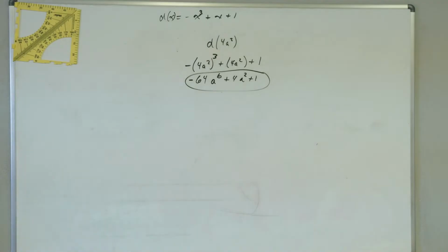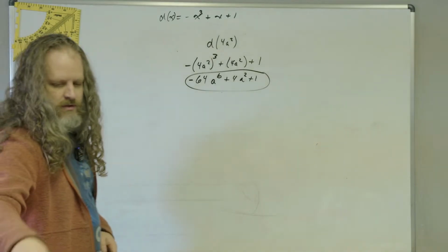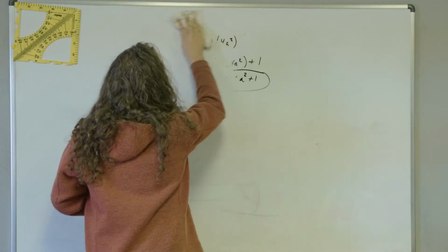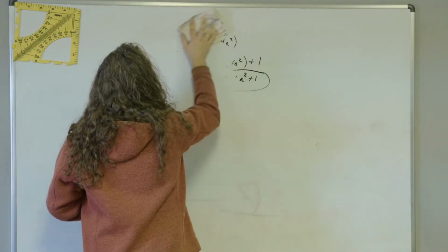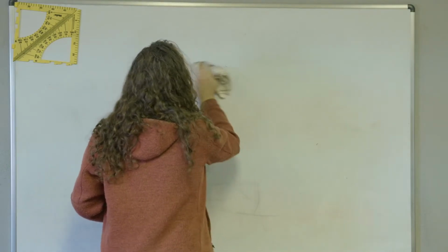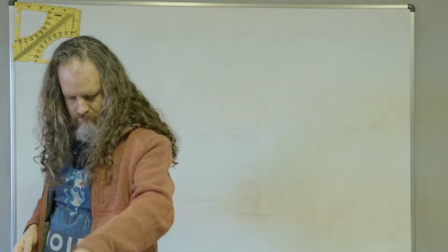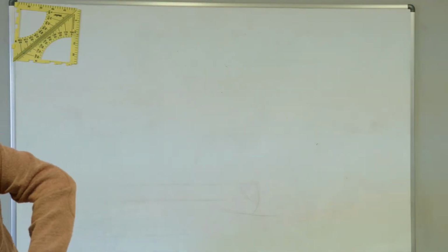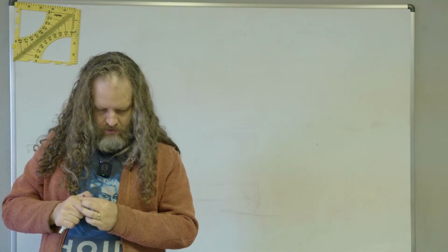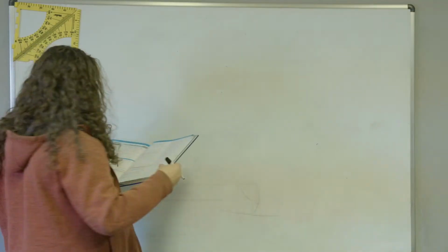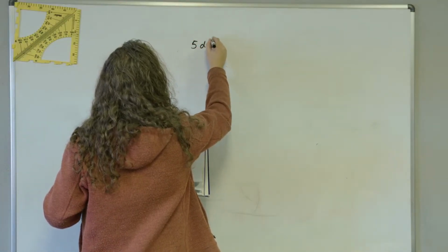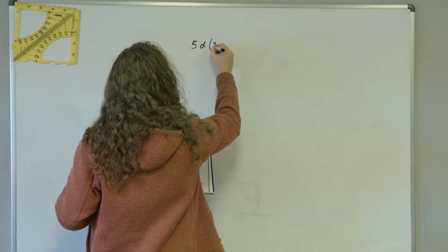Number 30, more substitution. Five times d of 2a.